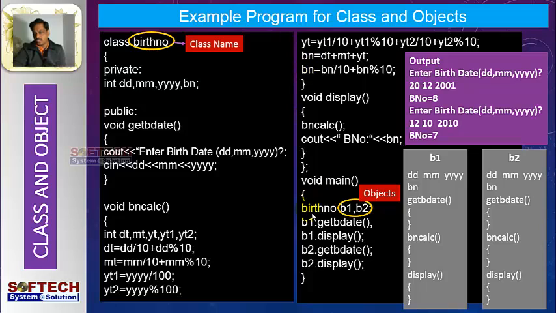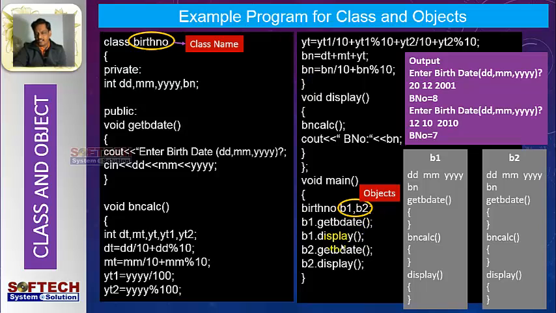That is the total value of yt, the birth year. After that it adds dt, mt, yt. If it is 2 digits, again it divides and takes the modulus, separating the individual digits, then adds and assigns to bn.